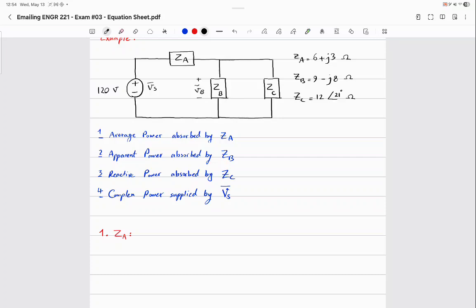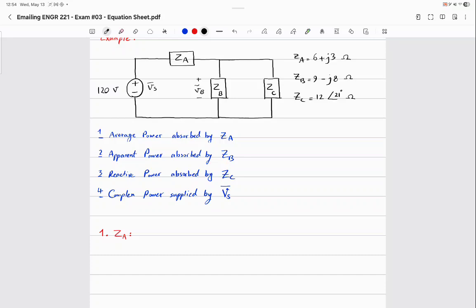So let's go for the element ZA. Now, do we have its voltage or current? We don't have either of them, right? So we should find them. How do you find them? Which one do you want to go for? Voltage or current?